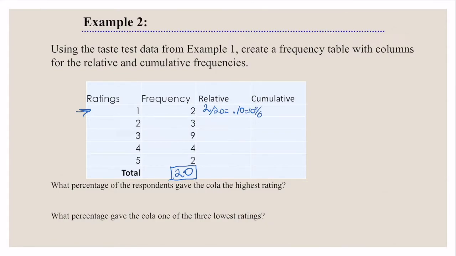For the rating of 2, I take 3 out of 20, which gives me 0.15, which is 15%. For a rating of 3, I take 9 divided by 20, which is 0.45, which is 45%.